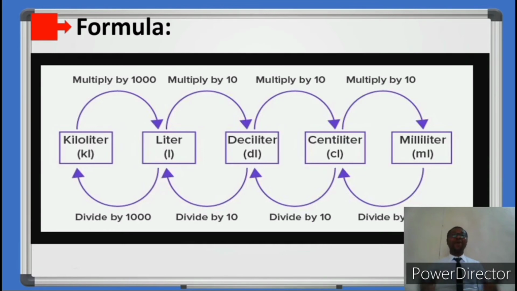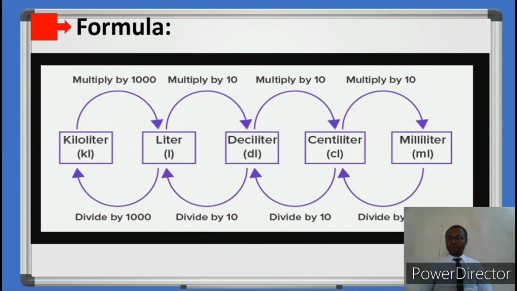We divide by 100. And if we are converting from milliliters to liters, we divide by 1000. Similarly, when we are converting from liters to milliliters, we multiply by 1000. And if we are converting from deciliter to milliliters, we multiply by 100.